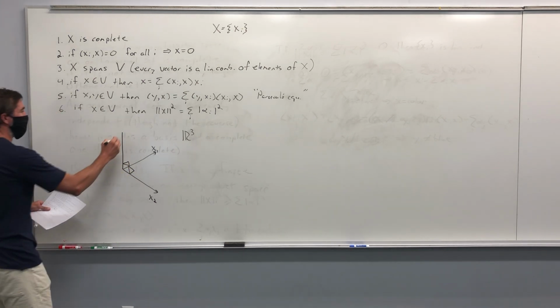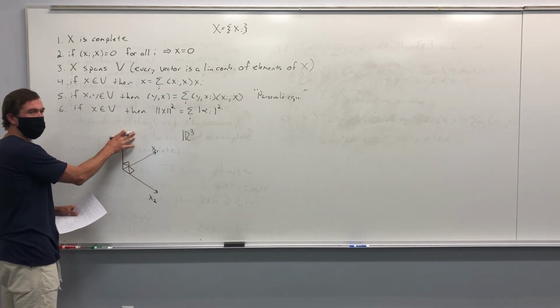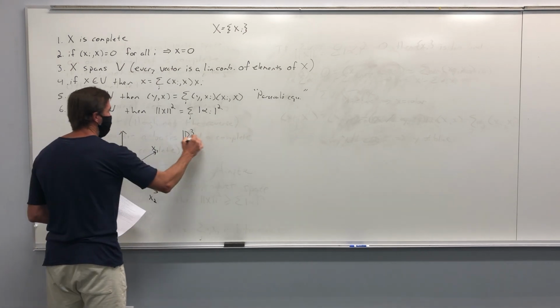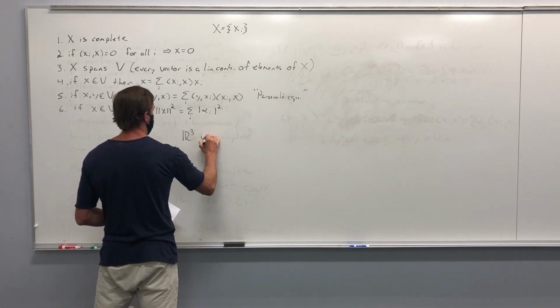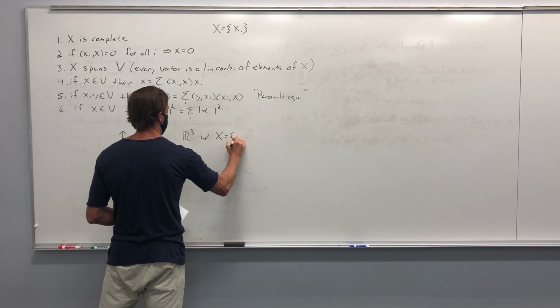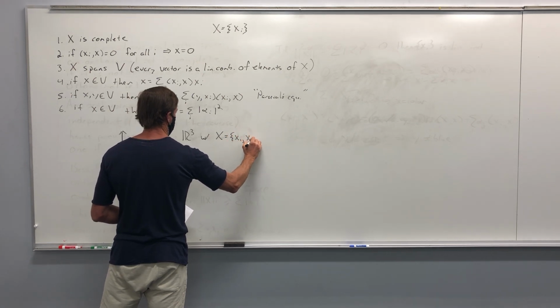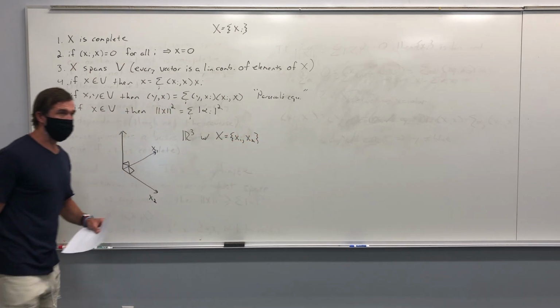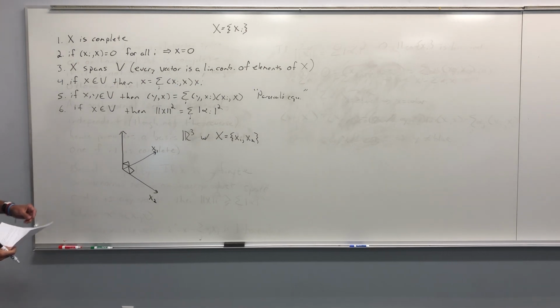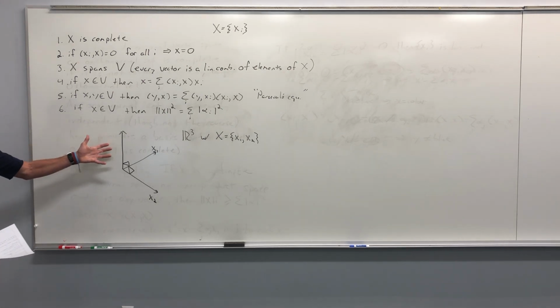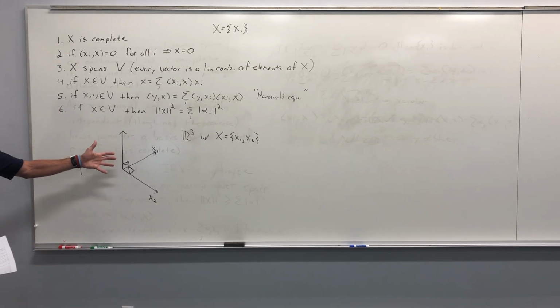This is not a third element of the basis. The set is only going to include x1 and x2. So we want to show how this fails all of these. That's what I want to show, because this is not a complete basis.